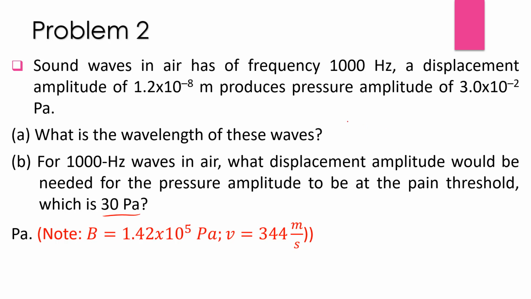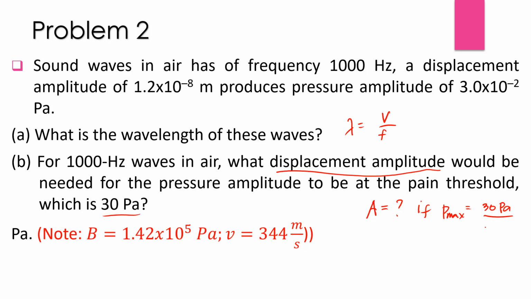So for question A, what is lambda? We can solve for lambda. It is just equal to v over f, where v is equal to 344 and frequency is 1000. For letter B, we will solve for the displacement amplitude, which is just A, given that Pmax is equal to 30 pascals.